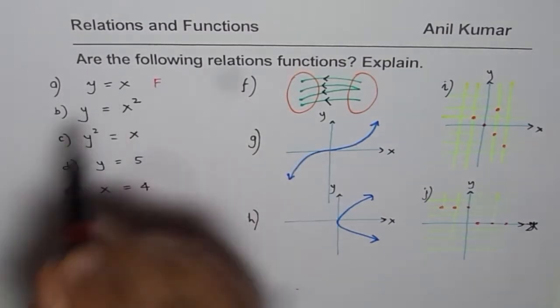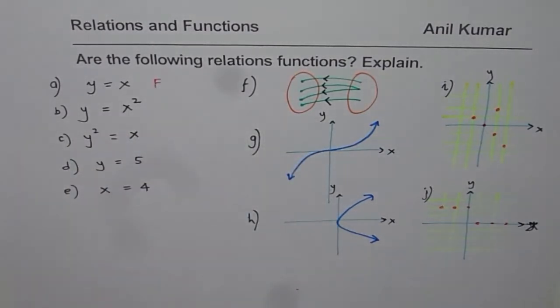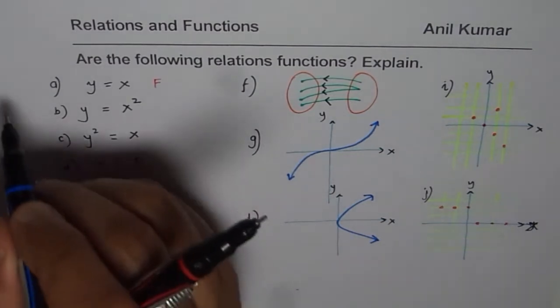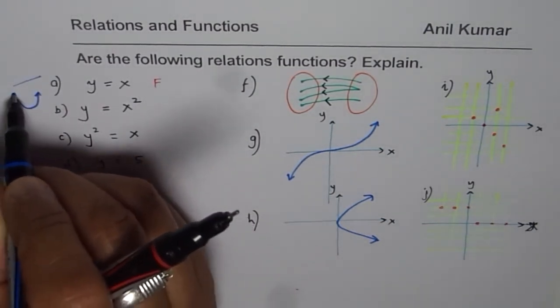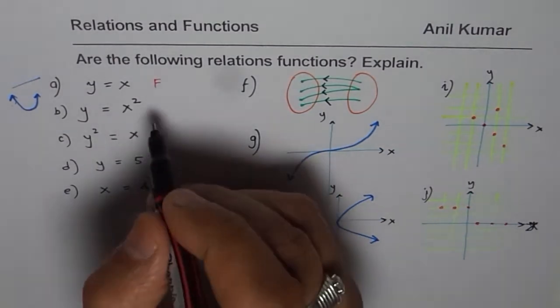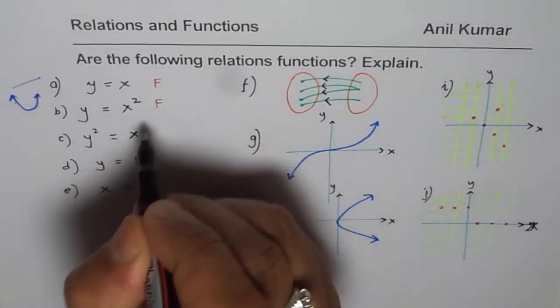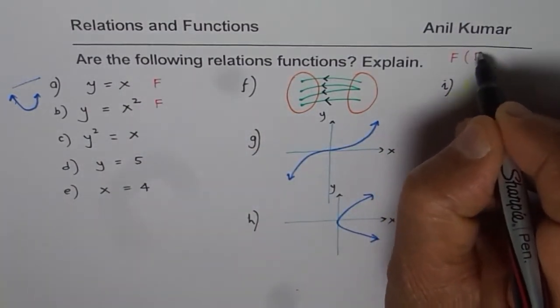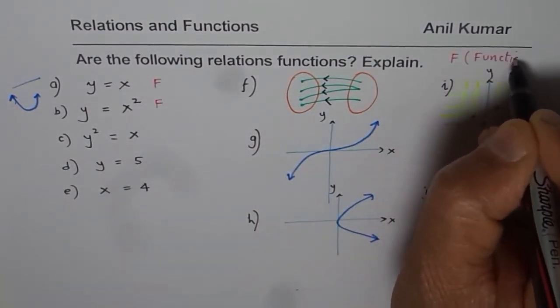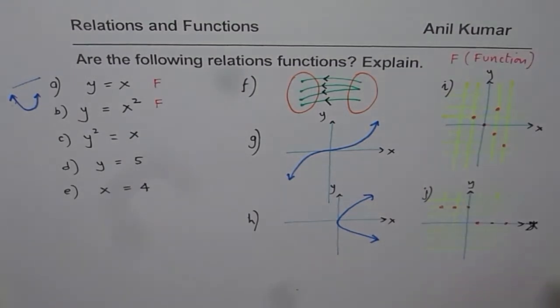F for function, this is a straight line, and this is indeed a function, right? So this graph will look like this. y equals x squared is a graph kind of like this, and you know this is also a function, right? So this is a function. So F for me is function. Okay, and if I write NF, it will be not a function.